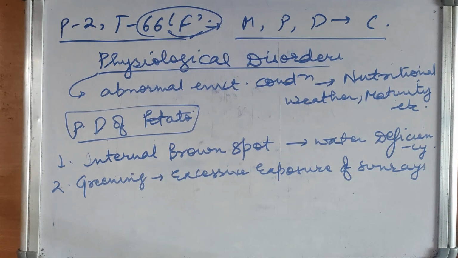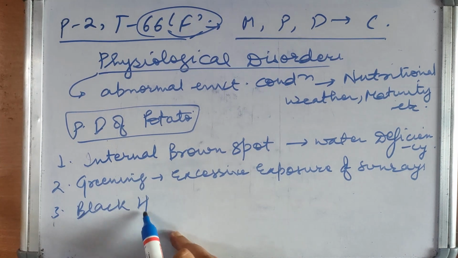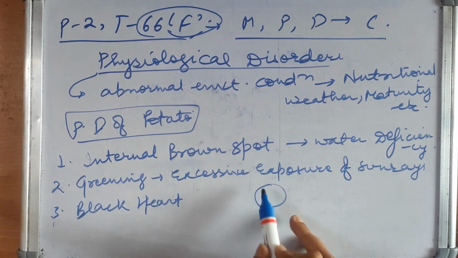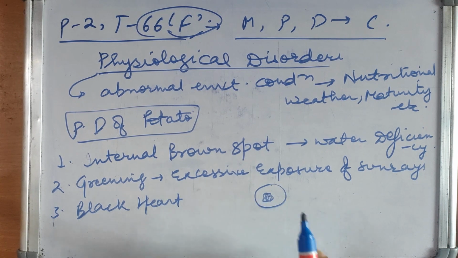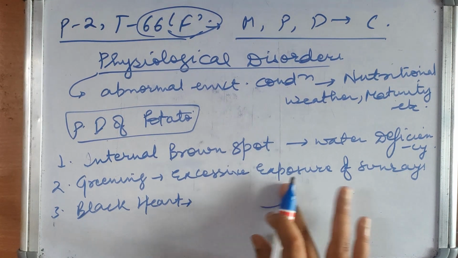Greening is due to excessive exposure to sun rays. Third one is black heart. This is common. When you cut the potato, you will see a black spot somewhere in the potato, that is black heart. It is due to poor ventilation.